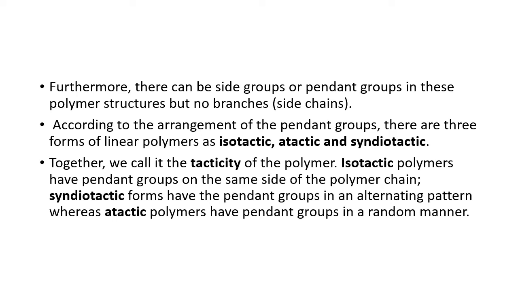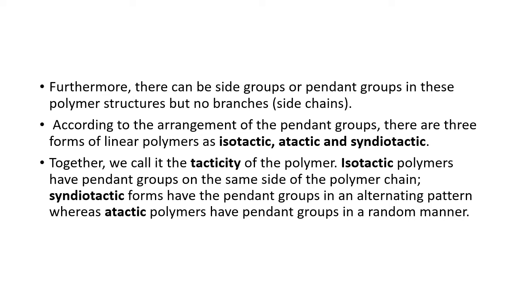Okay, so according to the arrangement of the pendant group, there are three forms of linear polymers: isotactic, atactic and syndiotactic. Now what are these terms? Together we call it the tacticity of the polymer. Now isotactic polymers have pendant groups on the same side of the polymer chain, whereas syndiotactic forms have the pendant group in an alternating pattern, whereas atactic polymers have pendant groups in a random manner.